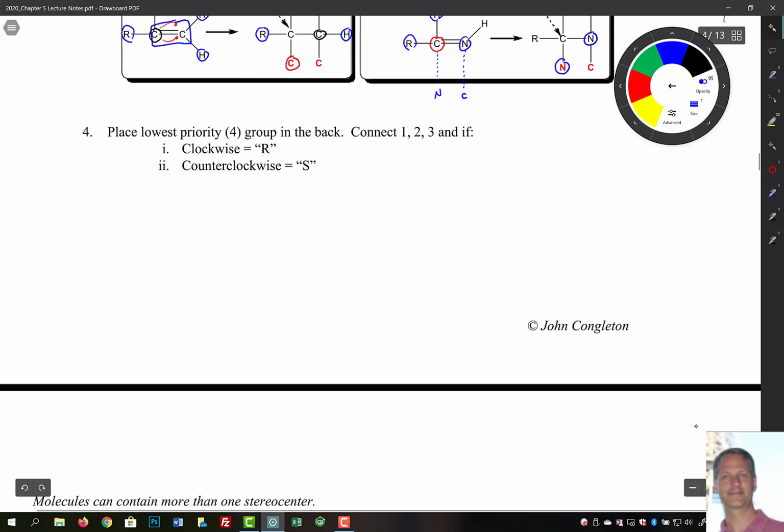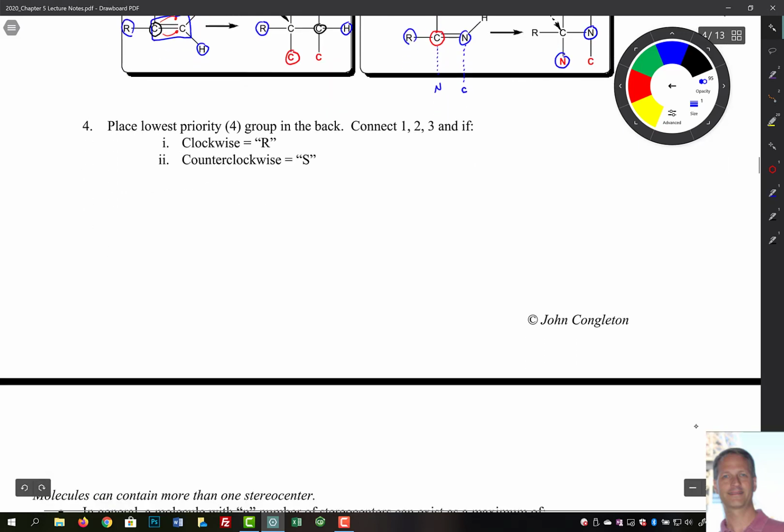So now what we want to do is place here the lowest priority group, number 4, pointing away from us. And then we're going to connect 1, 2, and 3. And if we move in a clockwise direction, we're R. And if it's moving in a counterclockwise direction, then we would be S. So looking at that, here's an example. And let's just take the atoms out. Here's number 1. We'll put this as number 2.